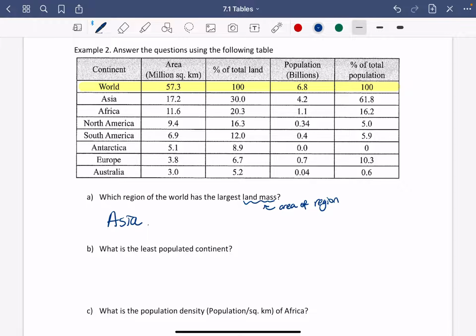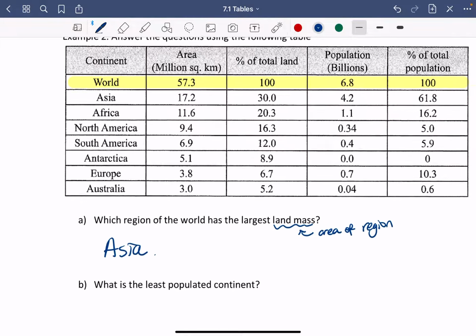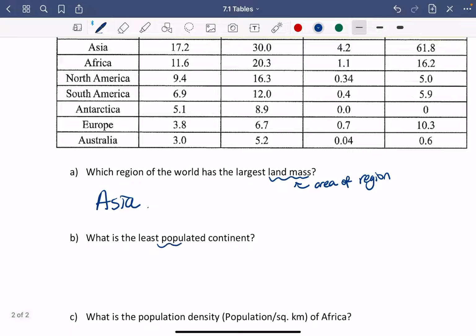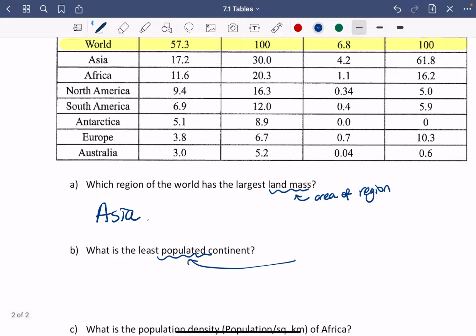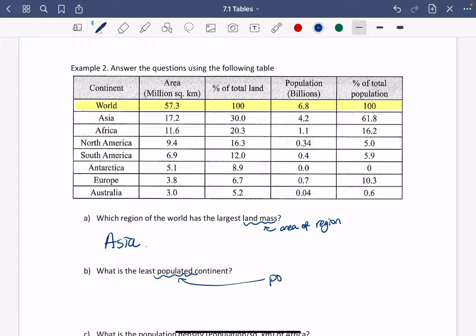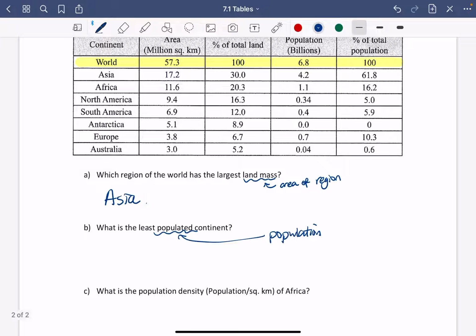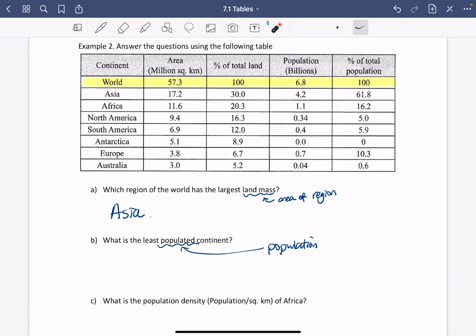Question B. What is the least populated continent? Least populated. So it's talking about population. So we just want to see which continent has the smallest population or fewest number of people. Well, this column is about population.